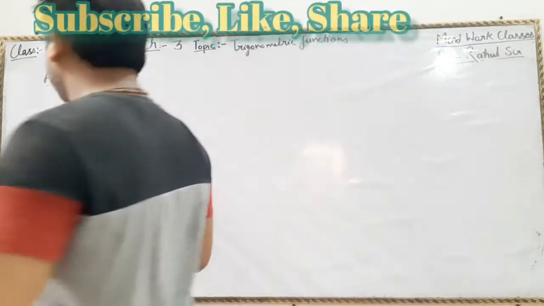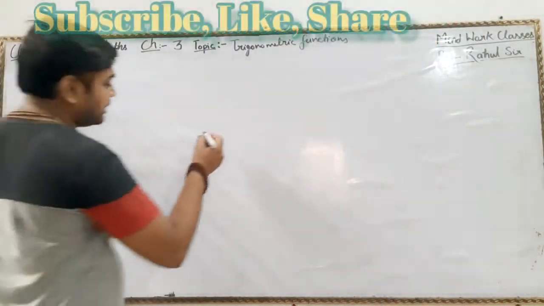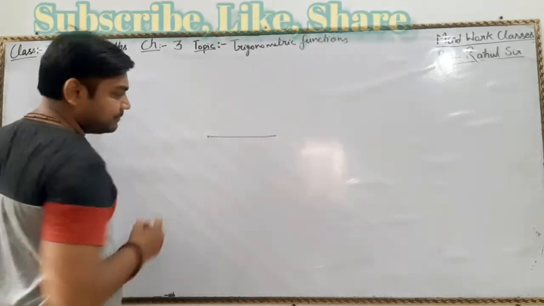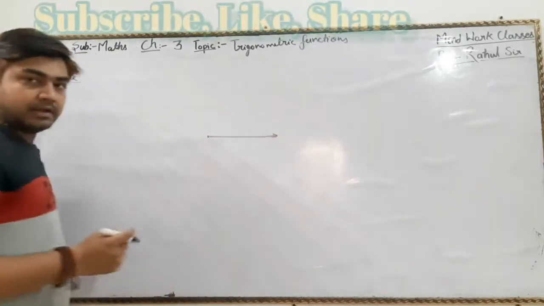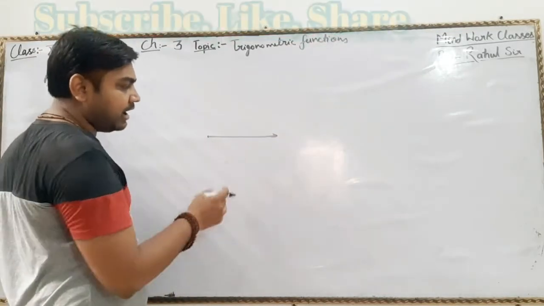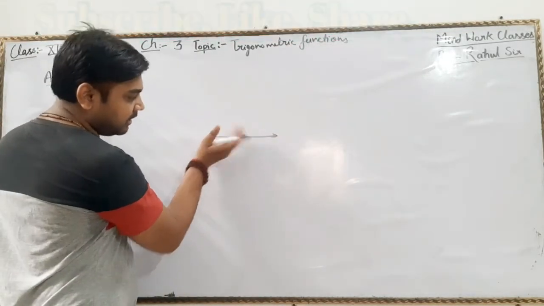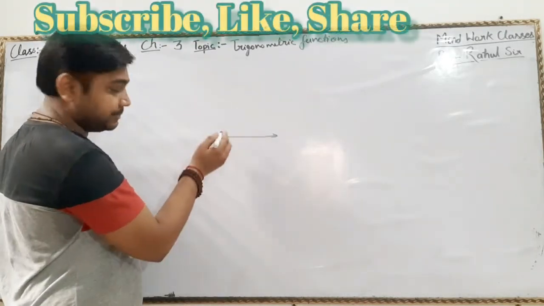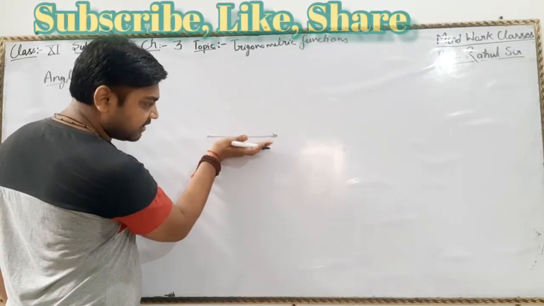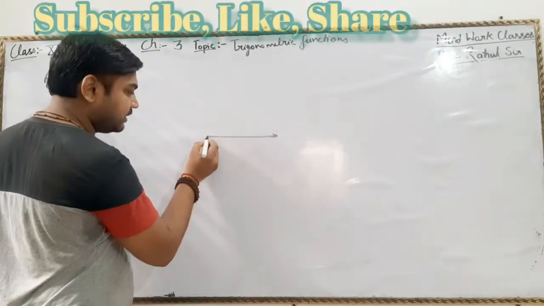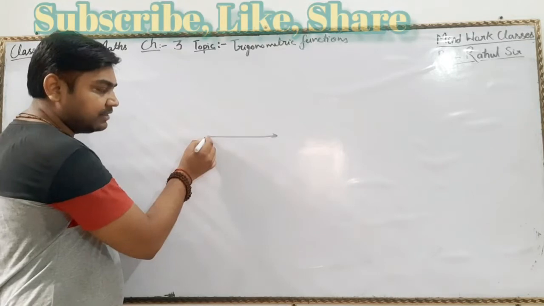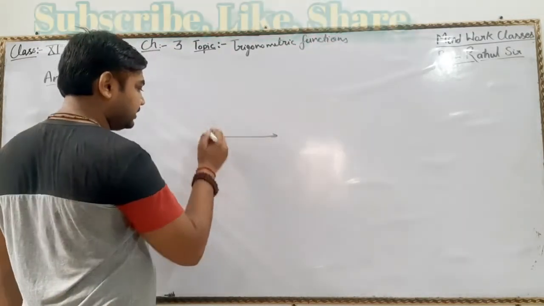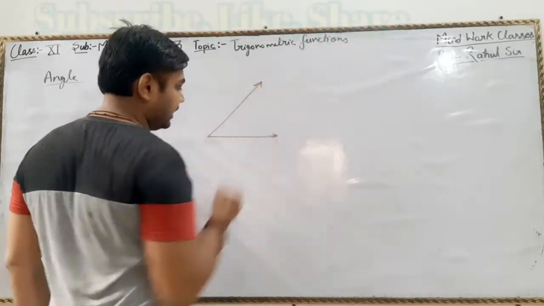For making an angle, first we must have a ray. If we have a ray here and we rotate that ray with respect to this point in the anti-clockwise direction, taking the center at this point, it will rotate like this.